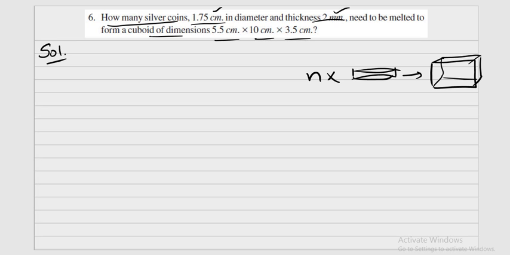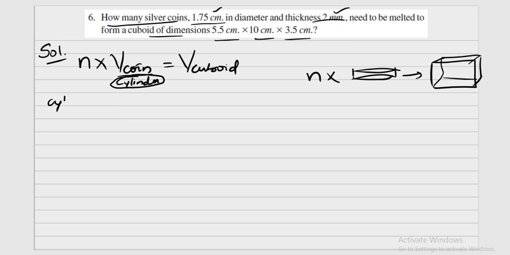Now what I can say is n into volume of each coin is equal to volume of cuboid. From this, first of all we need to write down whatever is given, right? The volume of a coin is nothing but the volume of a cylinder.